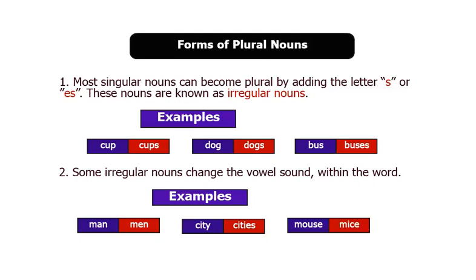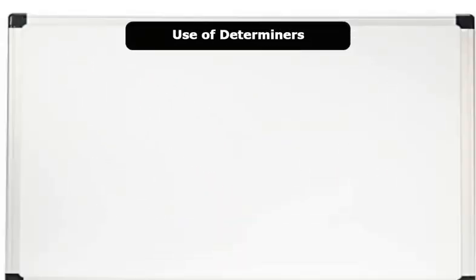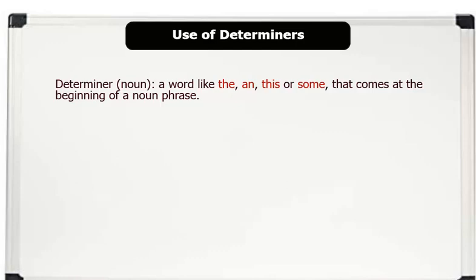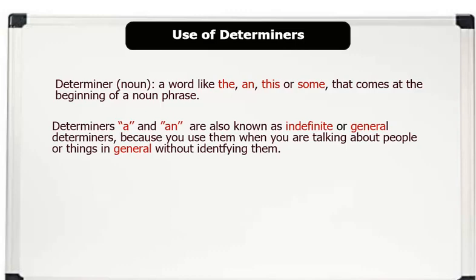Let's move over to use of determiners. A determiner is a word like the, an, this, or some that comes at the beginning of a noun phrase. Determiners a and an are also known as indefinite or general determiners because you use them when you are talking about people or things in general without identifying them.